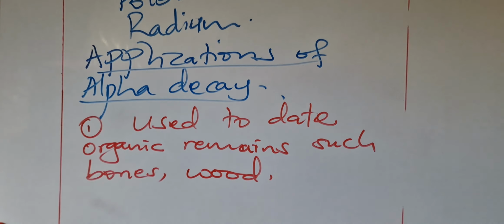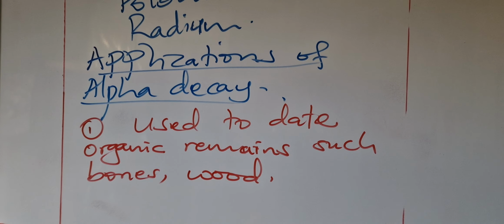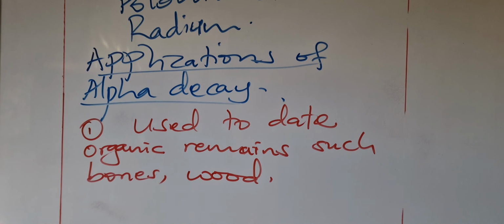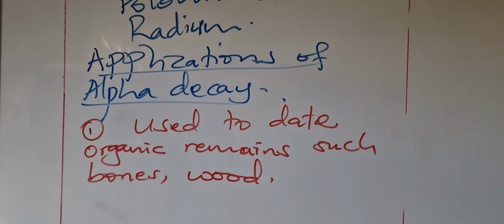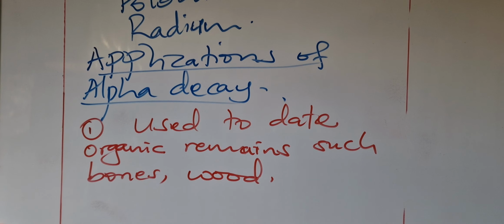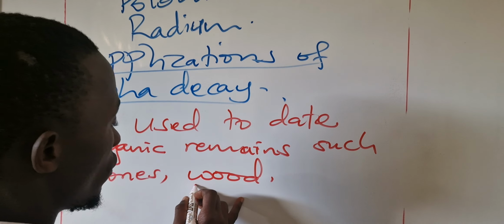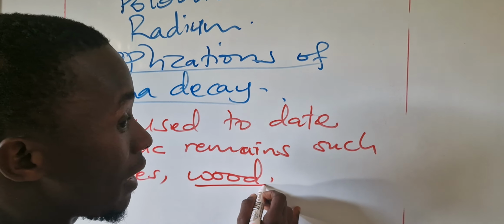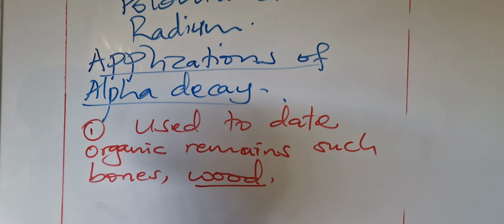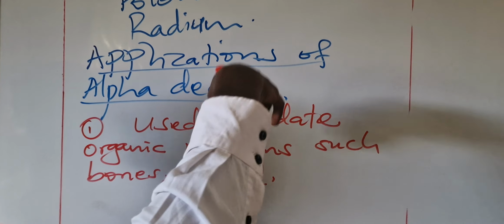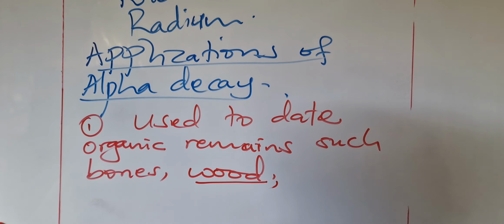I found a certain video on YouTube. They were determining the age of a certain boat they discovered. The boat had lived for hundreds of years back. They were able to know that the wood that made that boat was of that age by determining the amount of carbon-14 that was present.